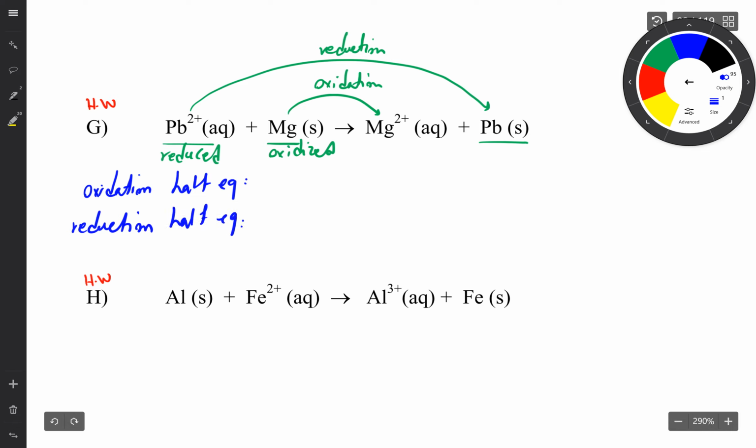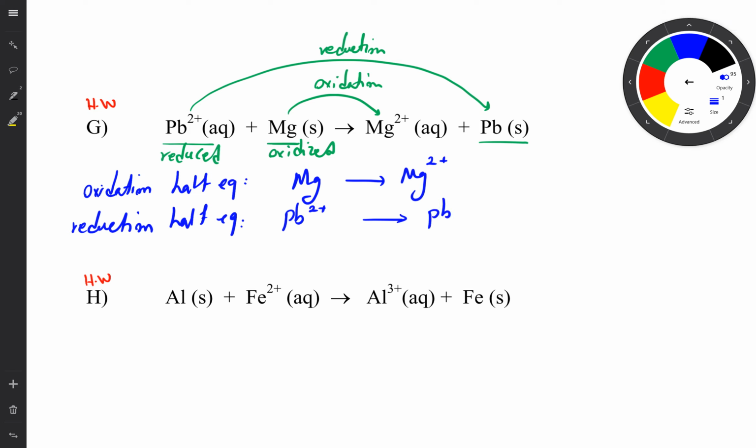For the oxidation half equation, I have Mg and it's converted to the magnesium ion Mg2+. And for the reduction half equation, I have the lead 2+ ion converted to the lead metal, or lead atom. So let's balance each of these half equations.